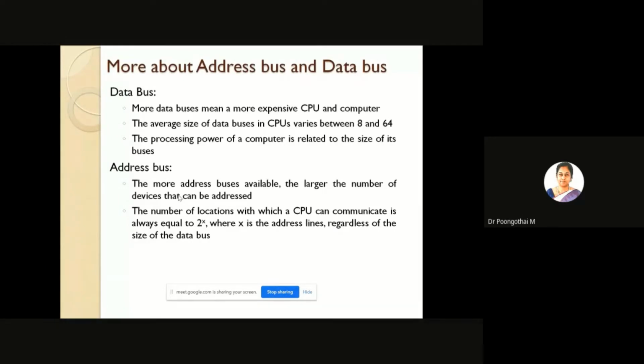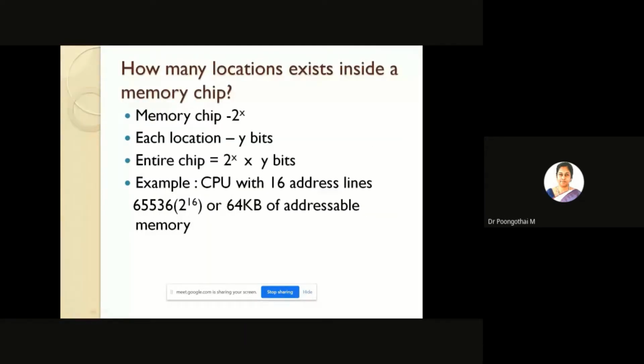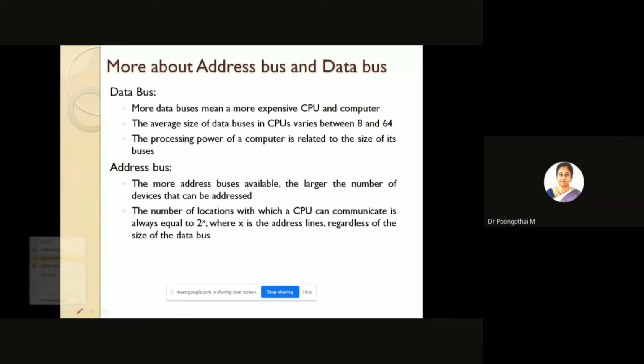For example, suppose your address bus size is 16 bits. Then your processor is capable of addressing 2 power of 16 memory locations, or 2 power of 16 IO devices. So that is the concept.